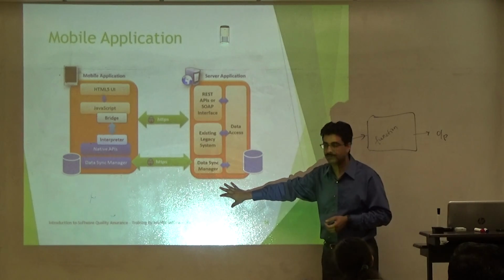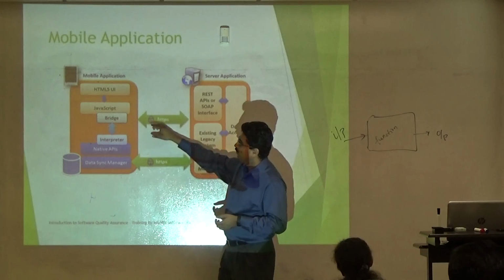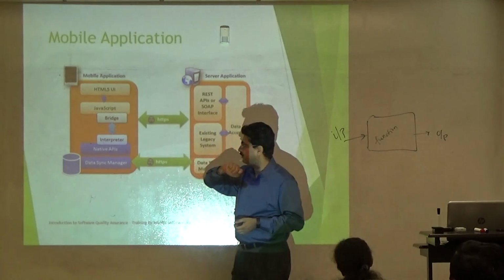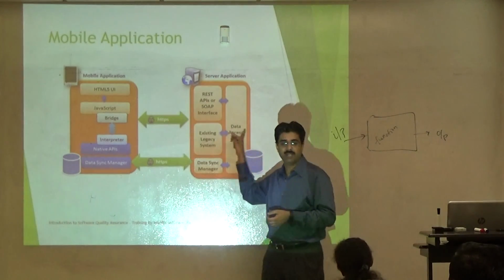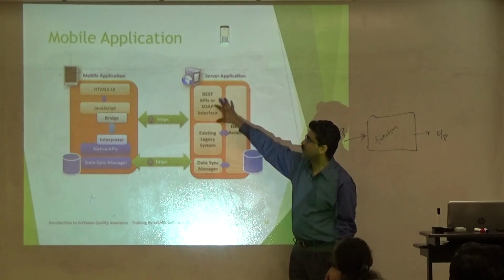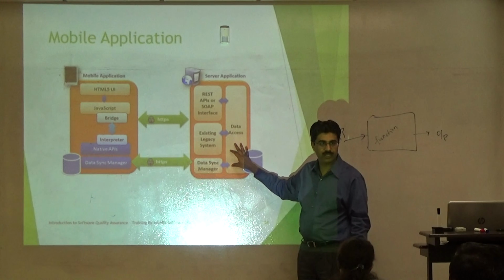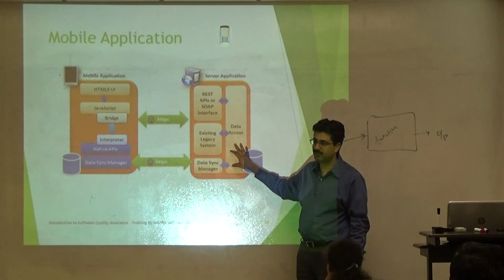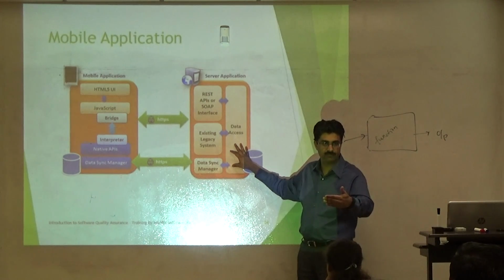So now I need to worry about two things, right? One is my connectivity being lost in between. So my servers here need to adapt to that scenario that, hey, in the middle of a transaction, I may lose that particular connectivity.